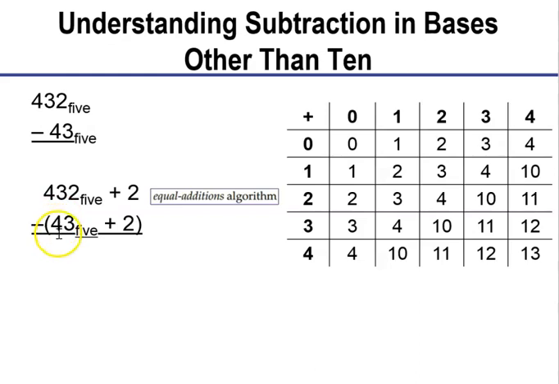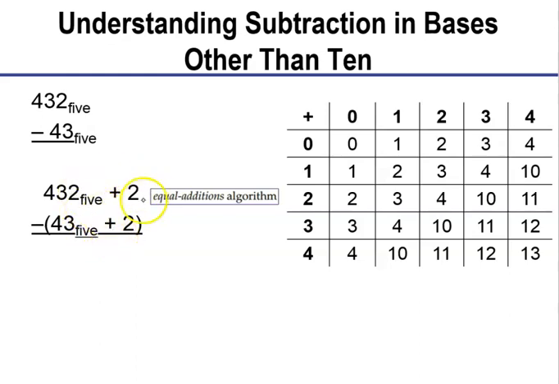We're trading in, okay? And if you recall, that's called the equal additions algorithm. So again, I'm adding 2 to make that 3 plus 2 a 5. So that's going to carry over to that 4, and it's going to make 5 5s and 0 1s.